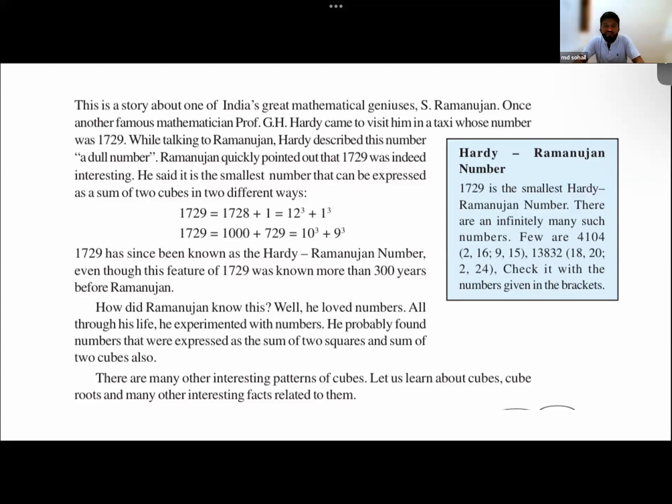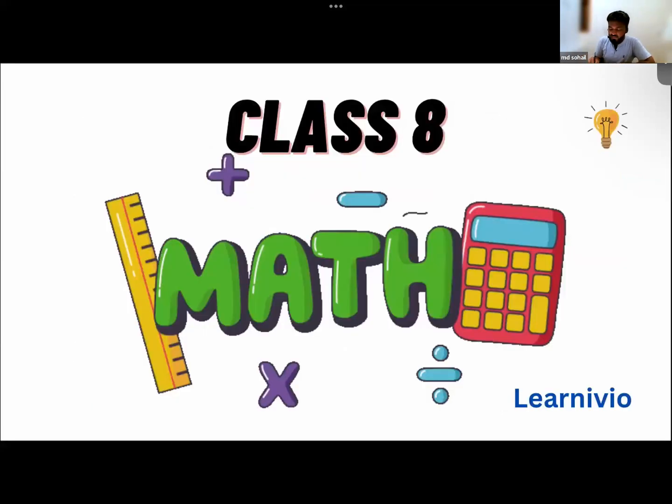How? He said that it is the smallest number which can be expressed as the sum of two cubes in two different ways. First, let me give you an introduction of what a cube is. For example, if you have the number 1331, it can be written as 11 multiplied by 11 multiplied by 11. 11 multiplied by 11 is 121, that is the square of 11.